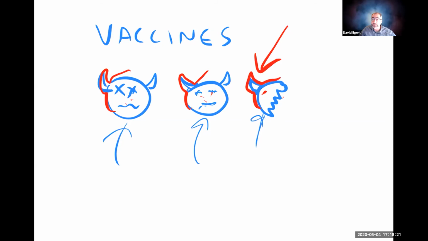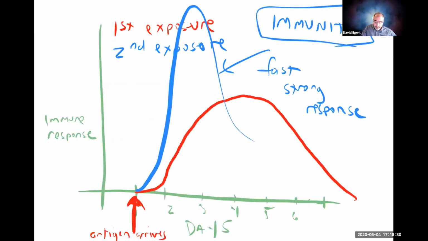That's the whole beauty: you get the system to have memory, a fast, strong response, but they never had to get sick, because you activated the immune system with a non-virulent form of the antigen. Does that make sense? So that is active immunity.